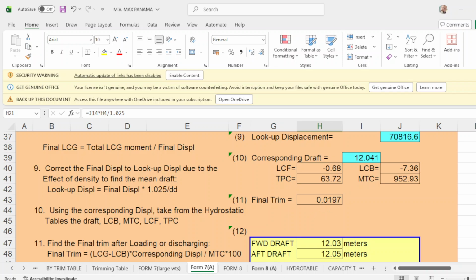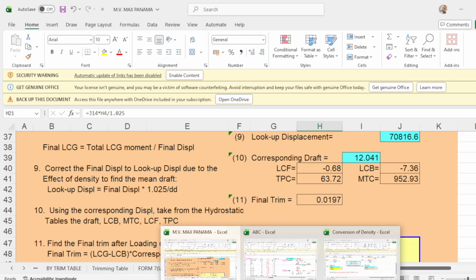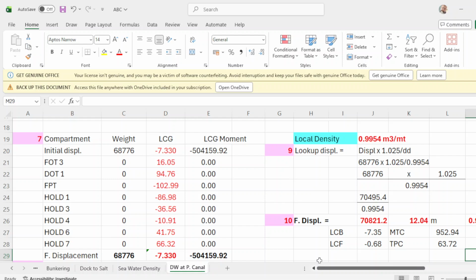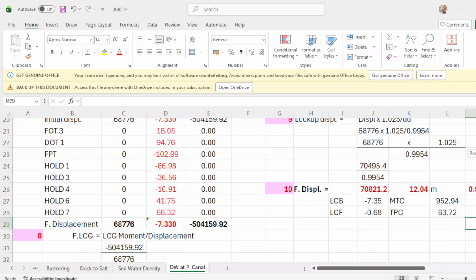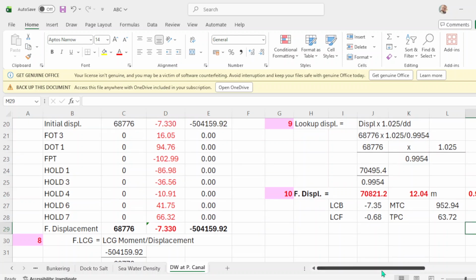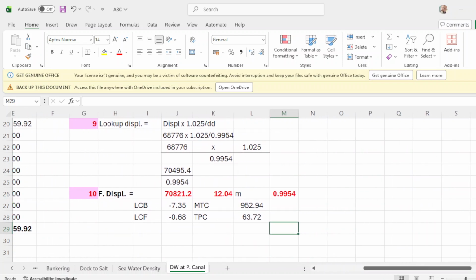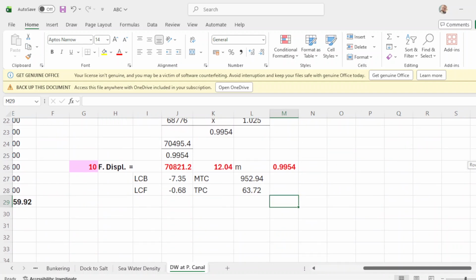Okay, so we go to the program or the manual computation. We go to number 11.